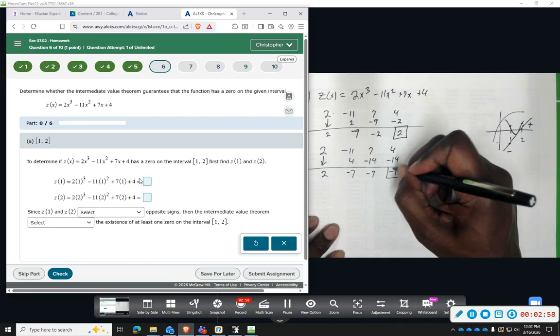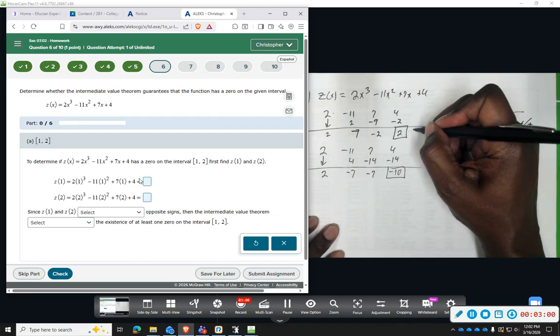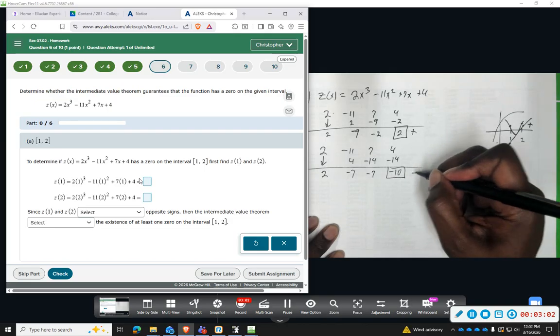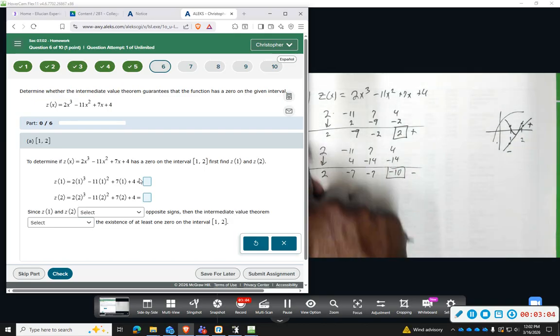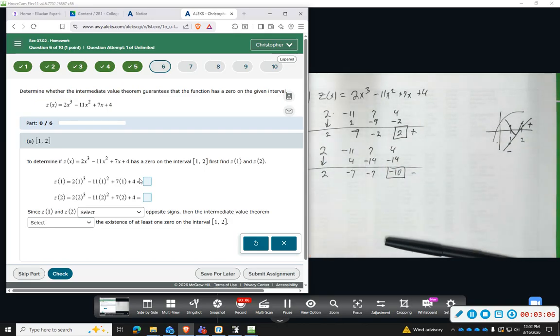Okay, so we can see we go from a positive to a negative. So that guarantees us that somewhere between the numbers 1 and 2, this graph had to cross the line 0. So it says since z of 1 and z of 2 have opposite signs, intermediate value theorem guarantees the existence of at least one 0 in this interval.